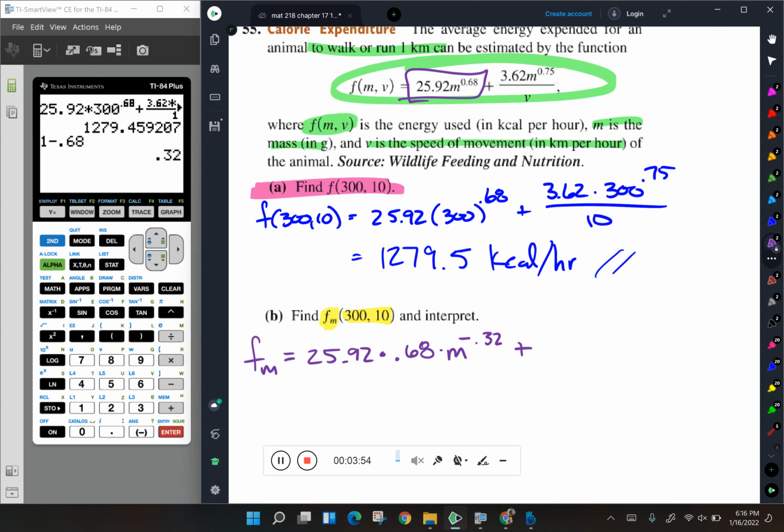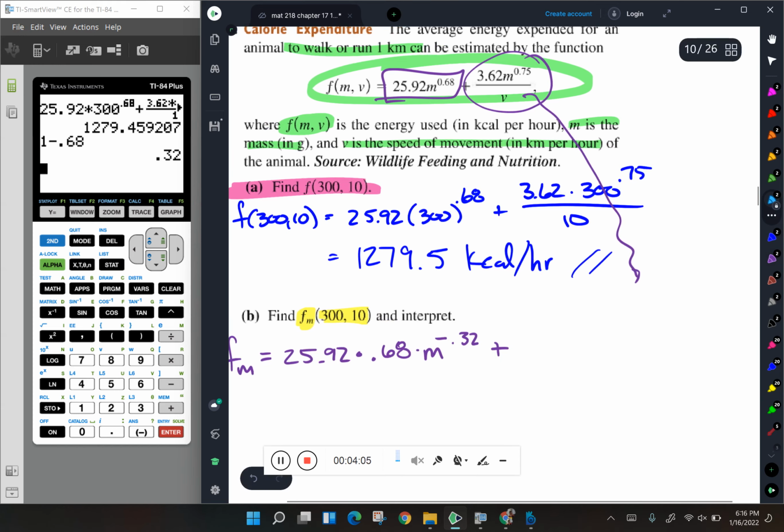I'm taking the partial derivative of this fraction with respect to m. So scratch work over here off to the side. Since v is a constant with respect to m, what that really is, it's really 3.62 over v times m to the 0.75.